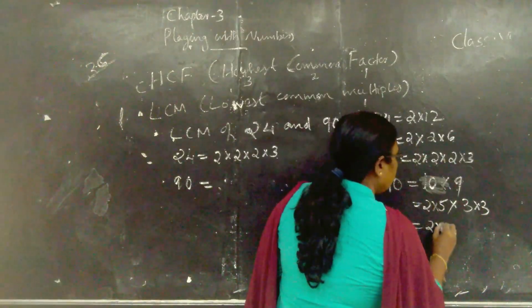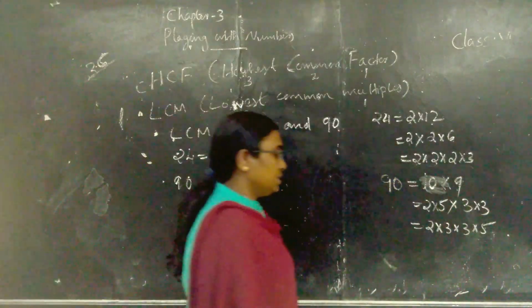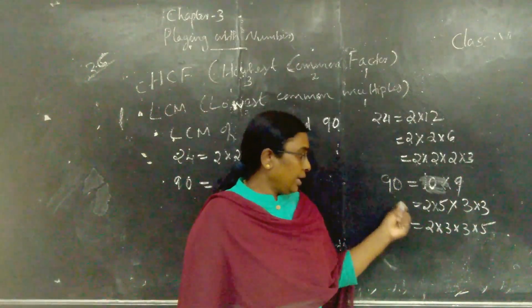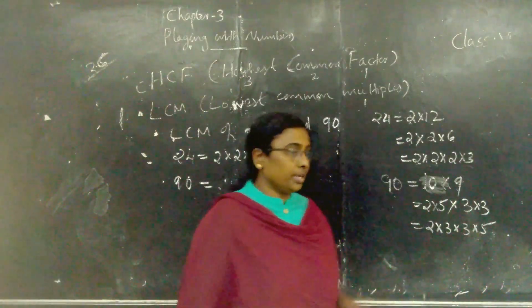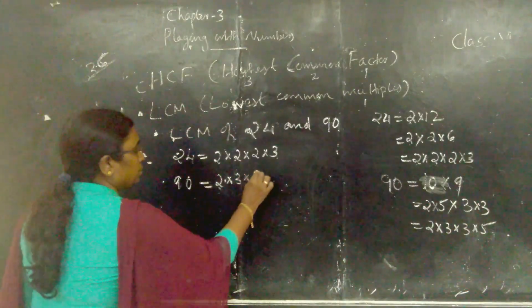So this is 2 into 3 into 3 into 5. This is the prime factorization of 90. All these factors are prime numbers, so 90 equal to 2 into 3 into 3 into 5.